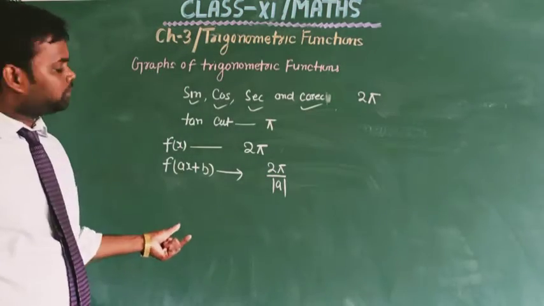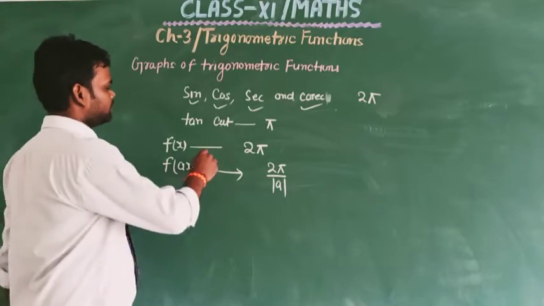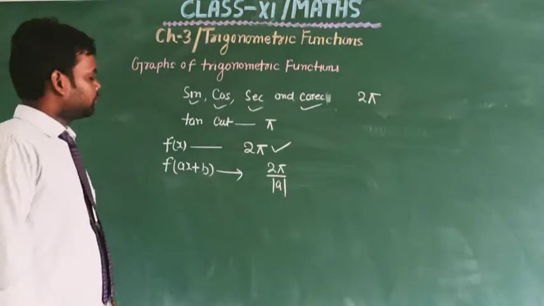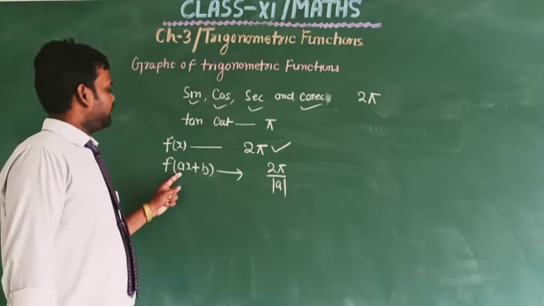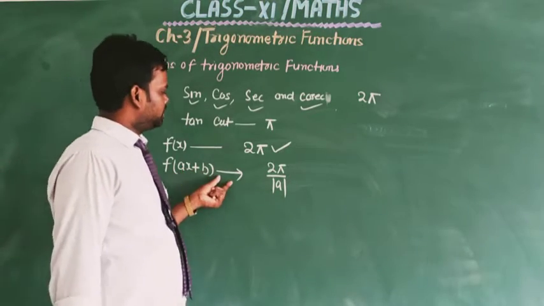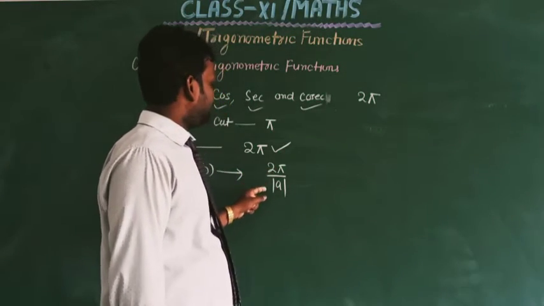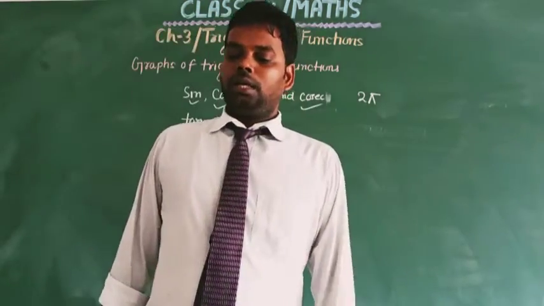We have learned if f(x) is a periodic function with period 2 pi, then f(ax plus b) is a periodic function with period 2 pi upon a.